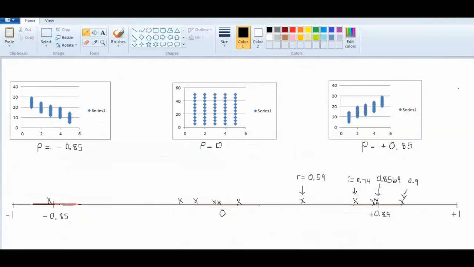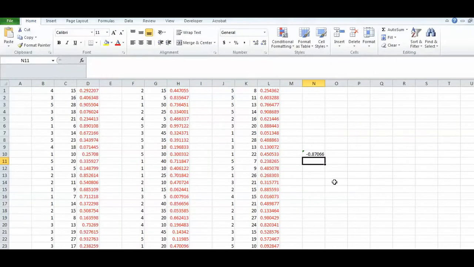It's a little bit closer to -1 because the population correlation was negative 0.85.